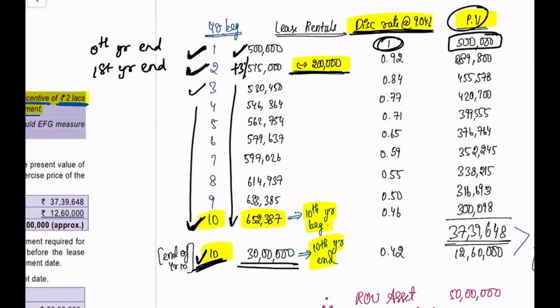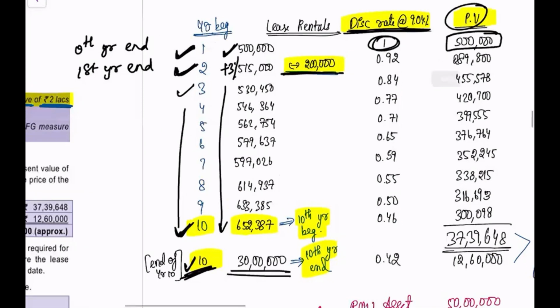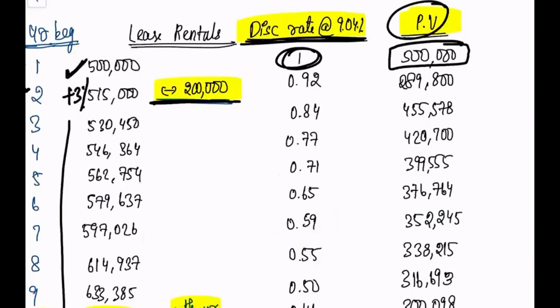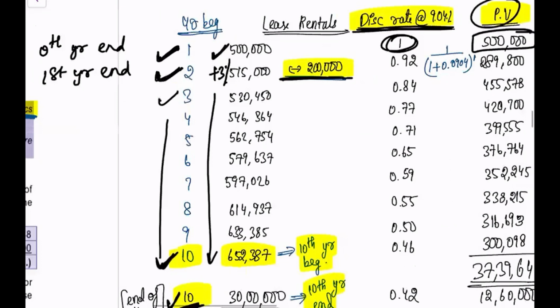Correct. So here you will discount it, which is nothing but 1 divided by 1 plus 0.09. Sorry, 1 minute. I made a mistake here. Yes. So this is going to be 1 divided by 1 plus 0.0904 to the power 1, because this is year end 1 only, which is your second year beginning.